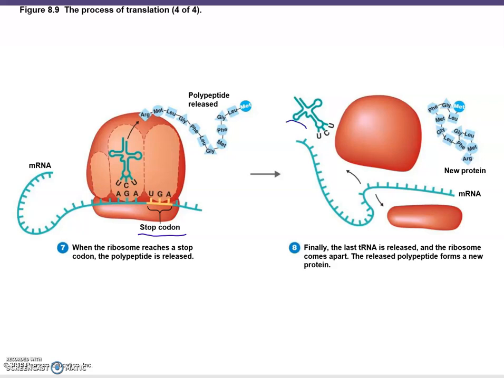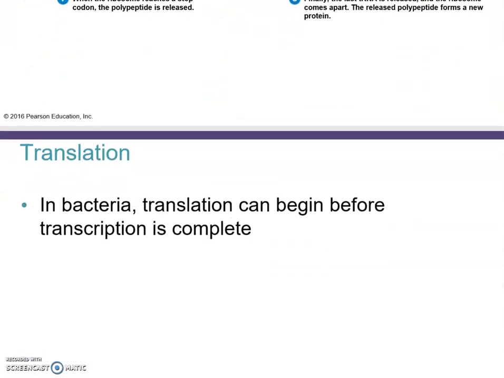Here the last one is leaving, and now we have the new protein that just needs to be folded and sometimes cut in specific places, but the primary amino acid sequence is there now, starting with the methionine, and then here we're ending with an arginine.